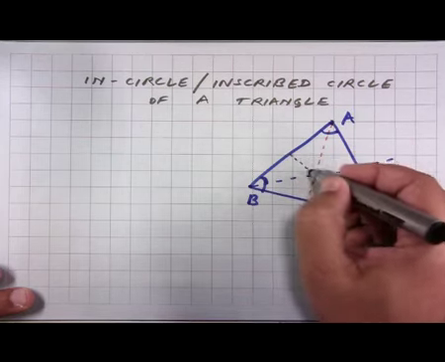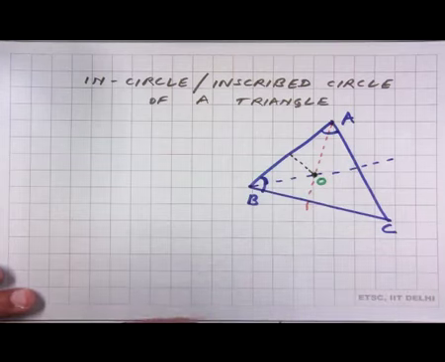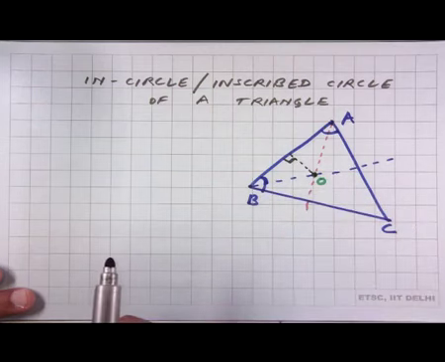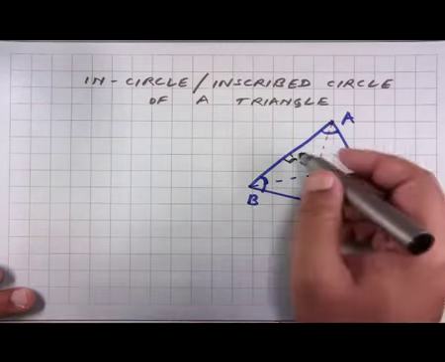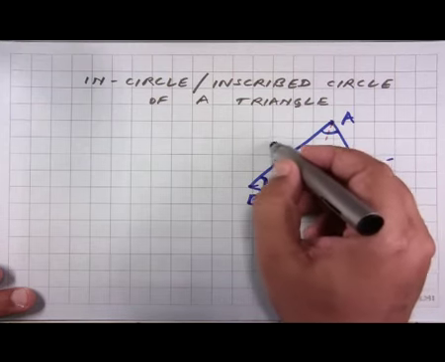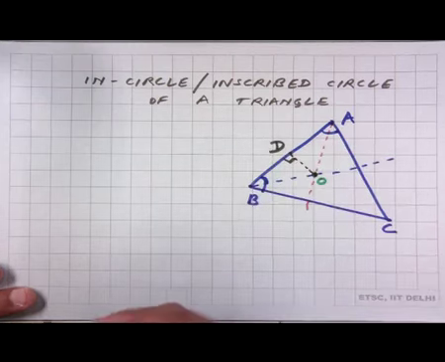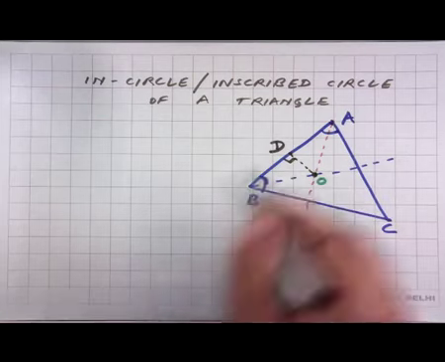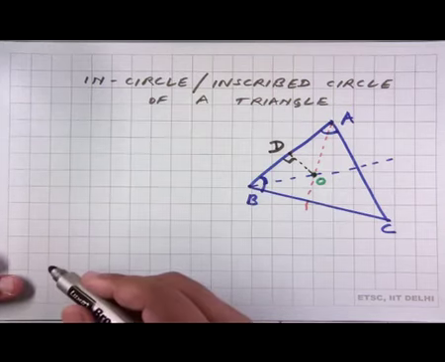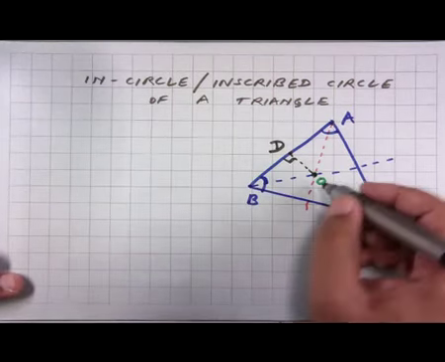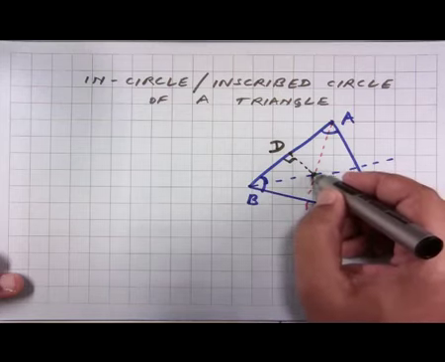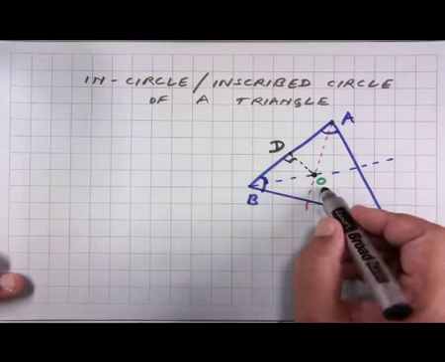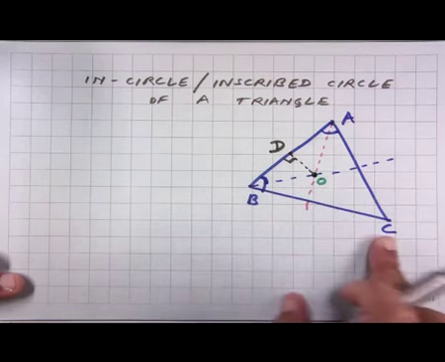So, let this black dotted line be the perpendicular from the point O to the side AB of the triangle, and let us say that this perpendicular intersects the side AB at this point D. And then let us also drop a perpendicular from this point O onto this line BC.